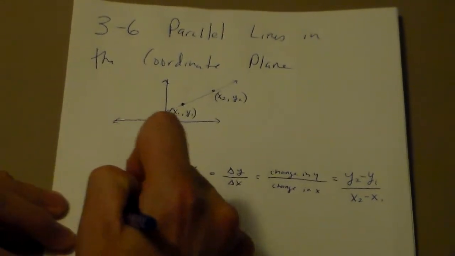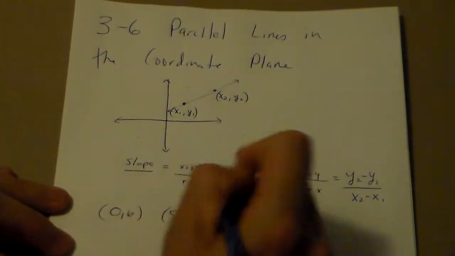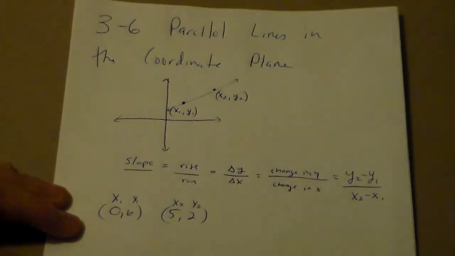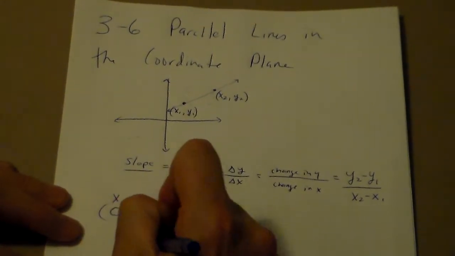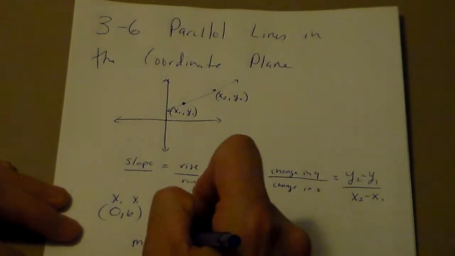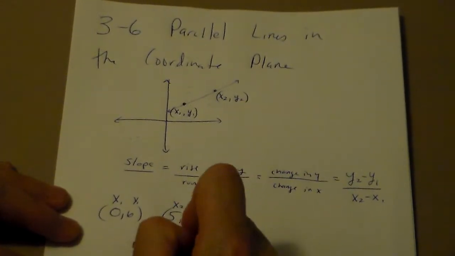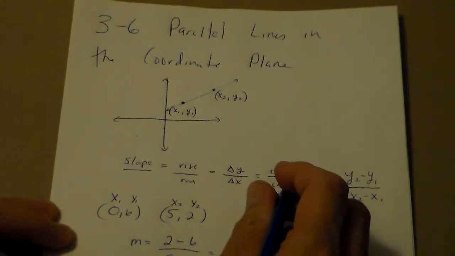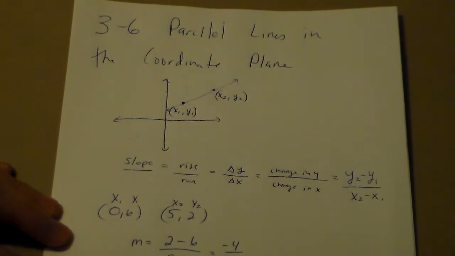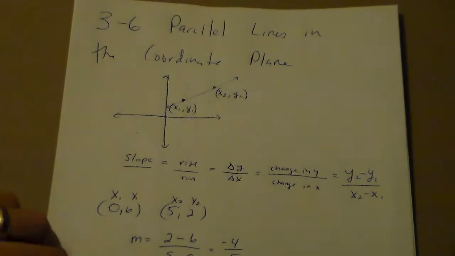So if I gave you 2 points, say (0, 6) and (5, 2), and this one we'll call x1, y1, and this one will be called x2, y2, and we want to find the slope. m is the letter that they use for slope, and we're going to do y2 minus y1 over x2 minus x1. When I do this out, I get negative 4 over 5. That is my slope, the slope of the line. Negative 4 over 5.